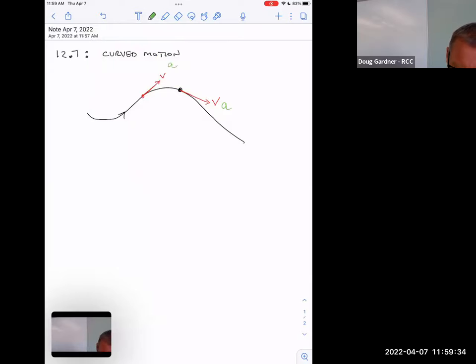Acceleration was a change of velocity. You're changing it, but unfortunately, there are two accelerations now. This one is called tangential acceleration.